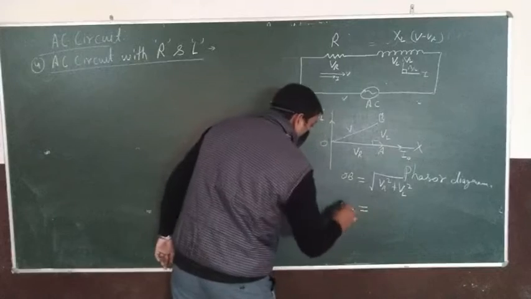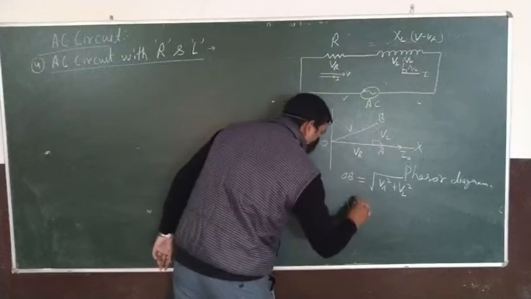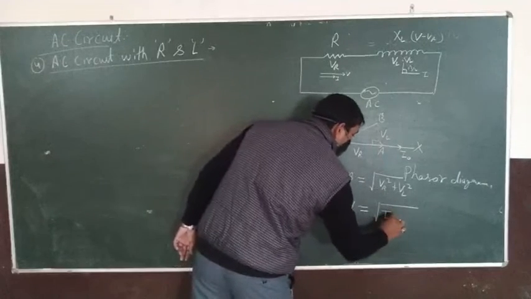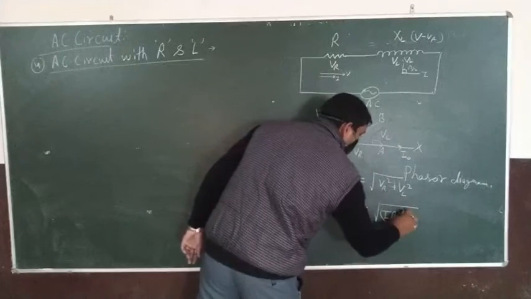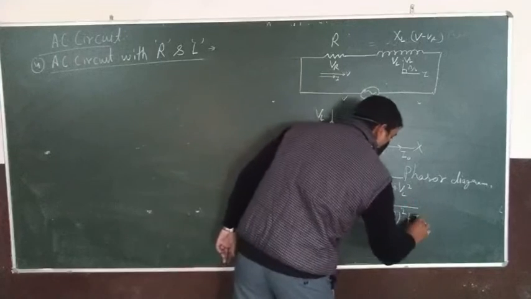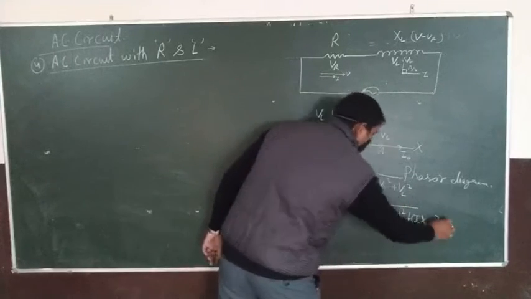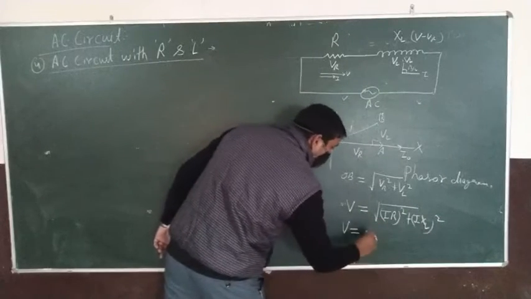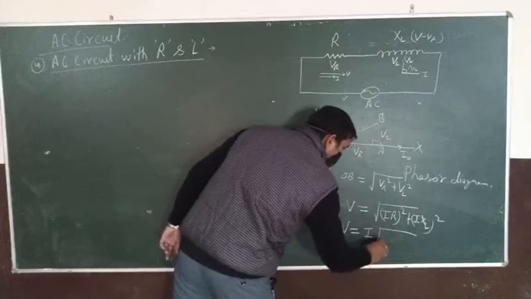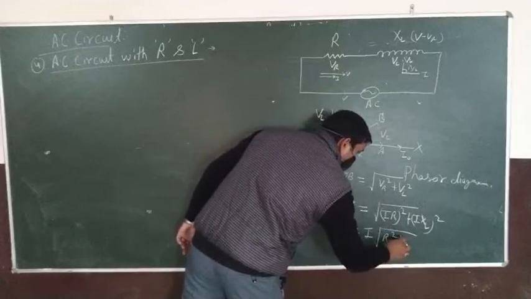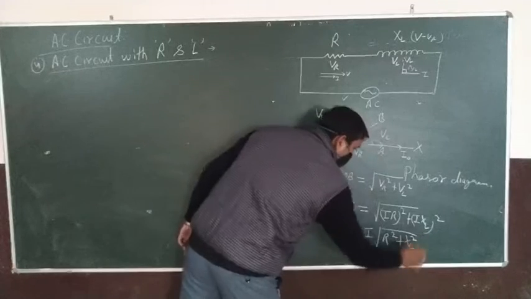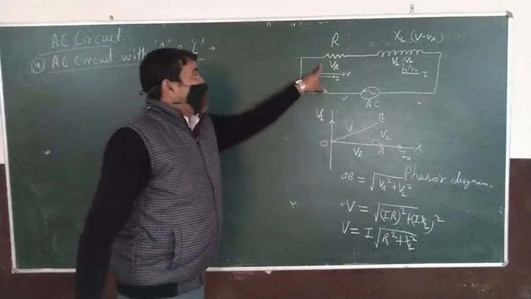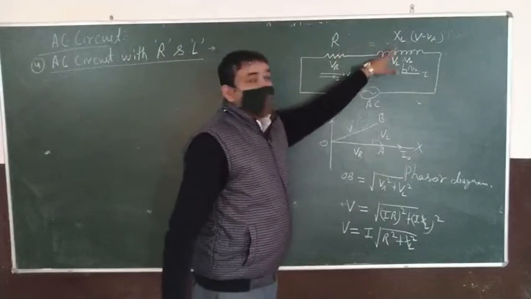Therefore, OB is the value of V, and V is given by the square root of IR square plus IXL square. Then we get the value of V equal to I, which is common, times the square root of R square plus XL square. This is the potential across the circuit containing resistance and inductance.